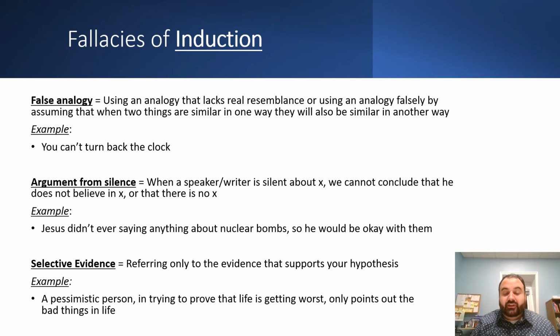So an example of selective evidence would be someone who's really pessimistic and trying to prove that life is getting worse only pointing to the bad things in life and ignoring the good things. Well, in order to truly argue that life is getting worse, you have to show the evidence of both the bad things and the good things in life, and that the bad things are more than the good things. Simply ignoring the good things in life is ignoring evidence and being selective in the evidence that you choose.